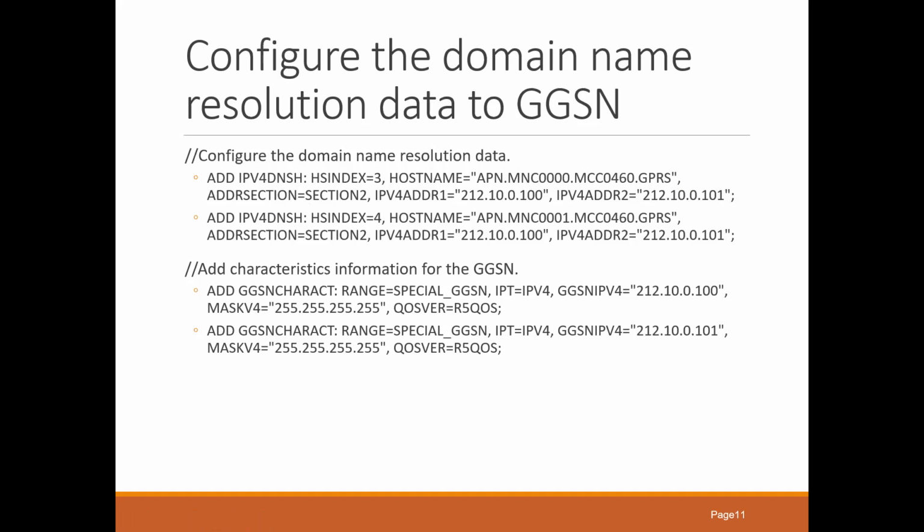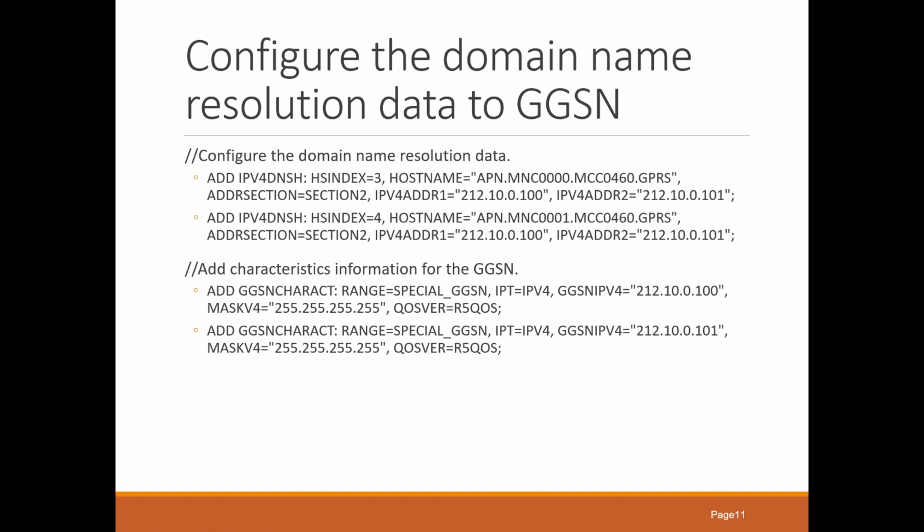Ideally, the lower the priority value, the higher its selection preference. So whenever the SGSN gets this APN, it is going to resolve it into the IP address that has the lowest priority index configured.